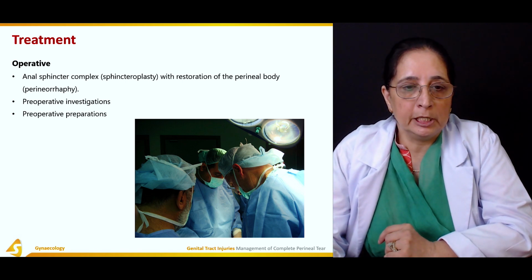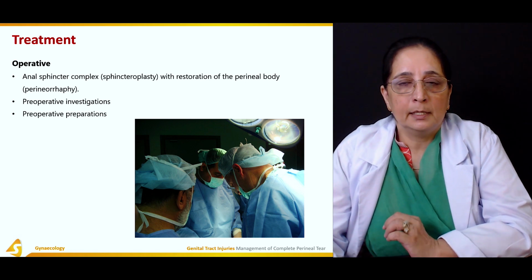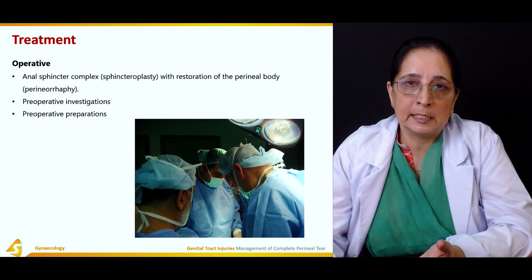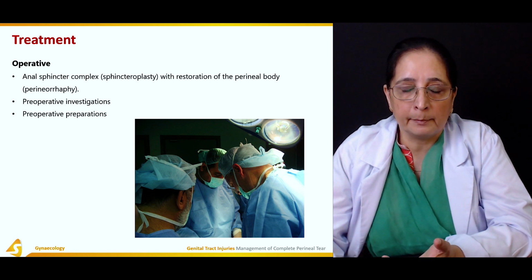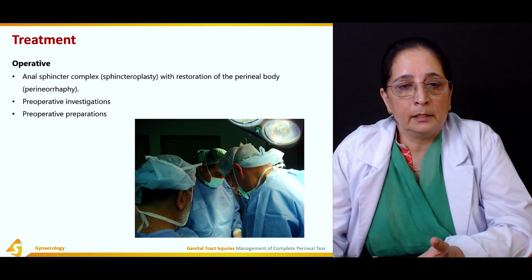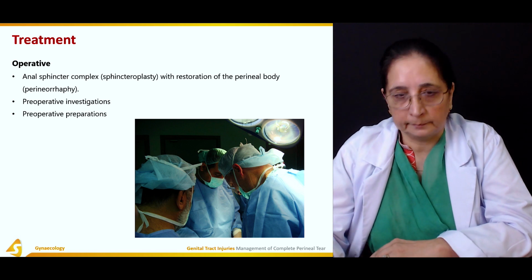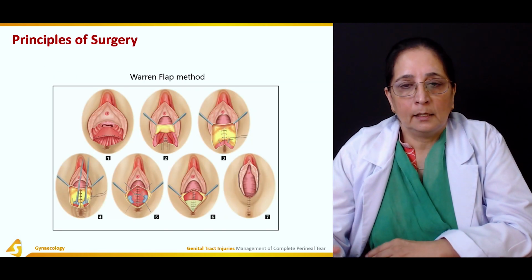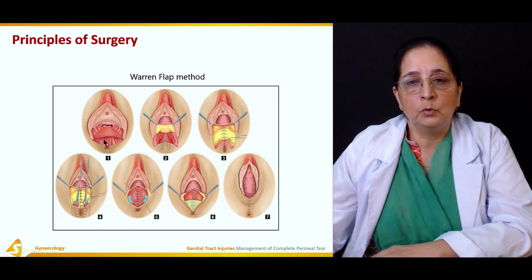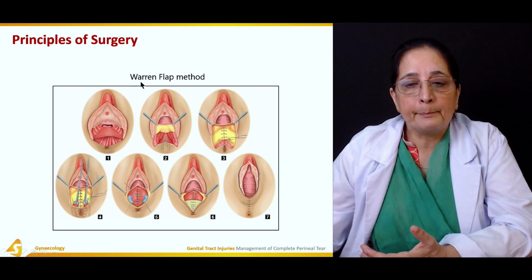Pre-operative investigation and preparation are important, like complete blood count and hemoglobin level, and then there should be some post-operative preparations also. This is the procedure usually performed to do the perineal repair. It's known as the Warren flap method.